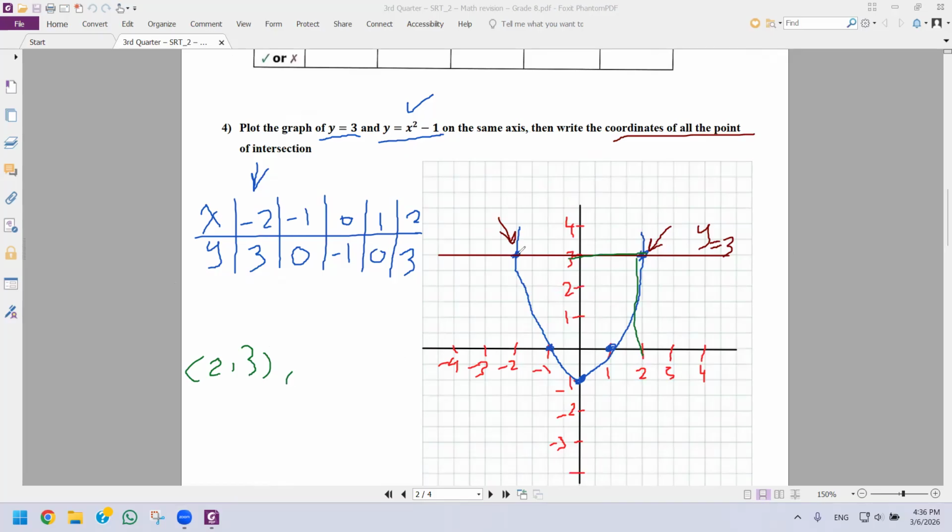Then, let's check that point, (minus 2, 3). So this is the straight line, this is the curved line. How did I get it? From doing the table. We got the x values from our mind. Y values, I get from the equation when I substitute. And then they intersect, we write the points of intersection. We write their coordinates.